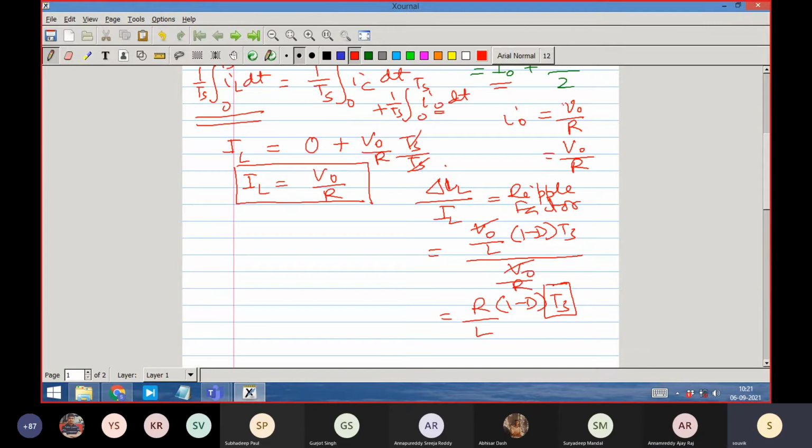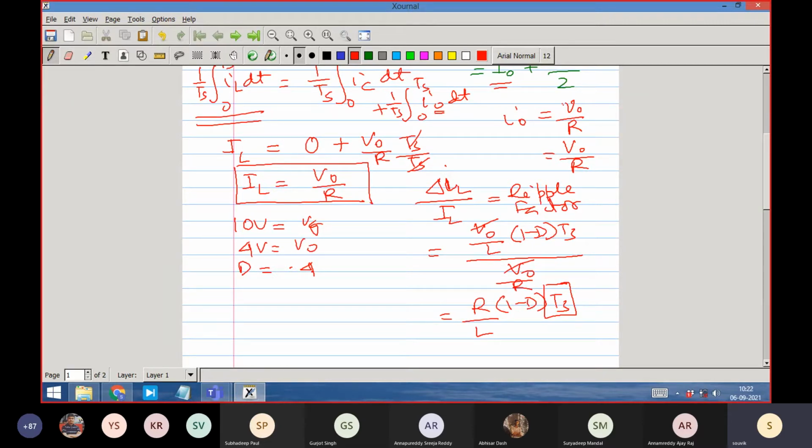Let us take our example, the 10 volt to 4 volt converter. 10 volt is equal to Vg, 4 volt is equal to V naught, therefore D was 0.4.